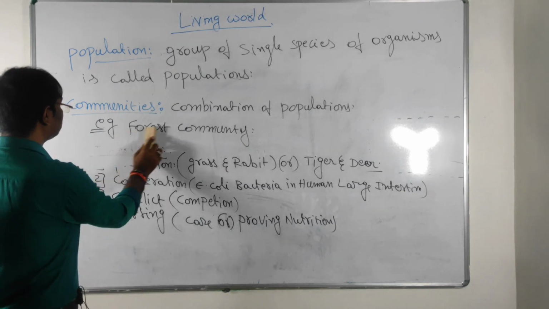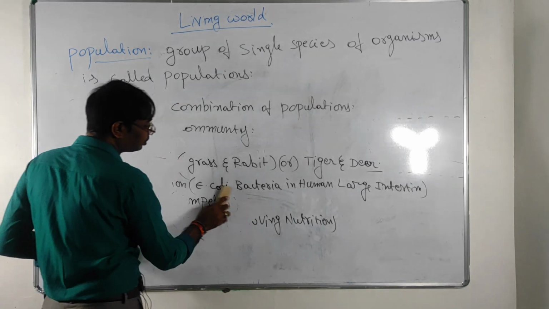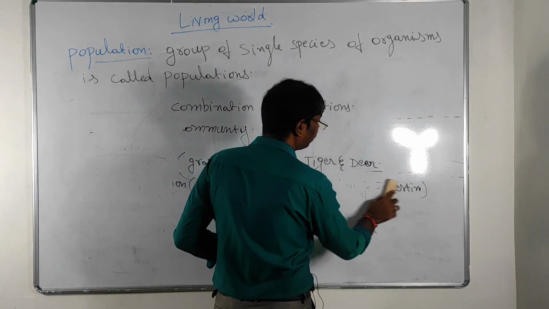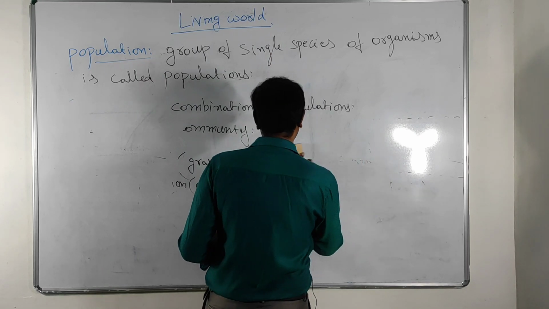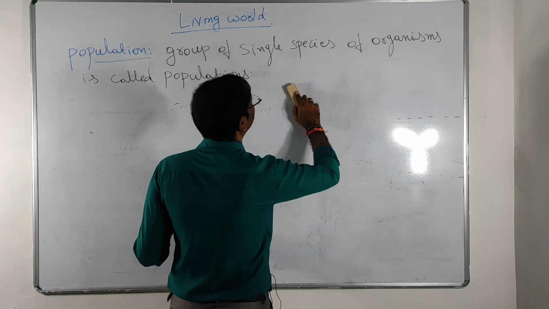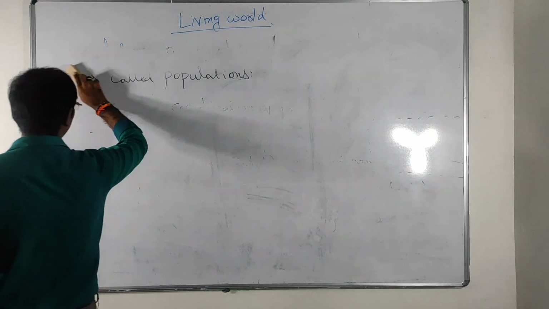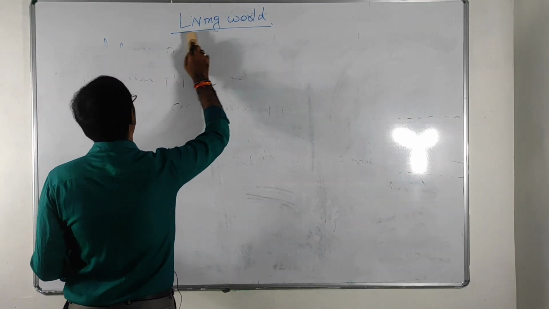Then we will discuss that these interactions are present at the organism level or above the organism level. So what is the basic unit of these interactions? Organism. So the organism is the basic unit for this kind of interaction. These 4 kinds of interactions occur between organisms.